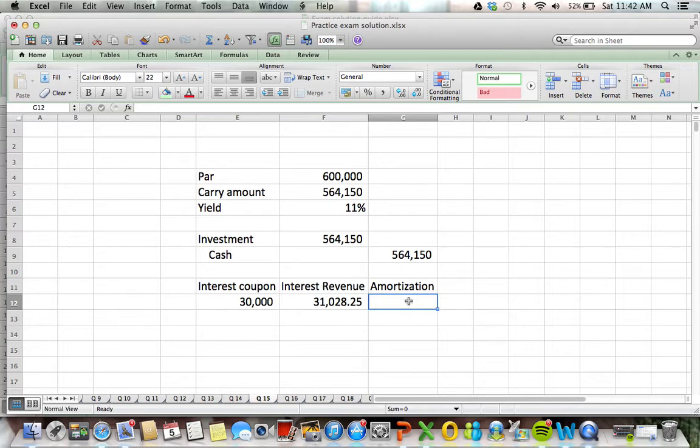So this discount of 35 some thousand, part of it is going to be recorded as interest revenue over time. In this period, it's going to be 10,028 that we increase the investment by.